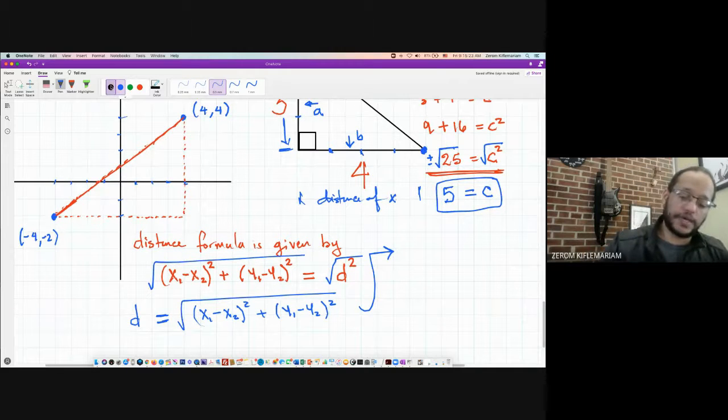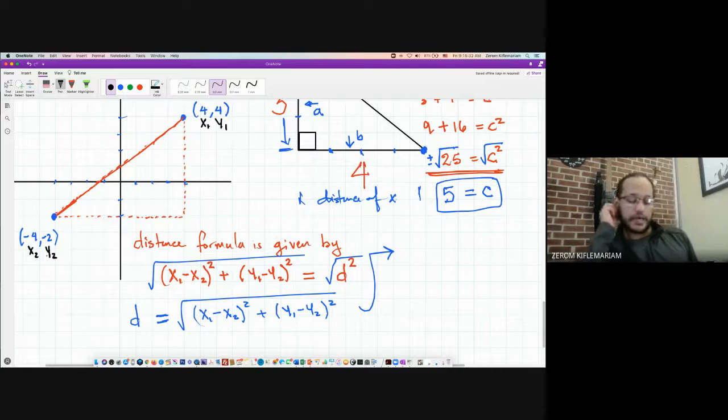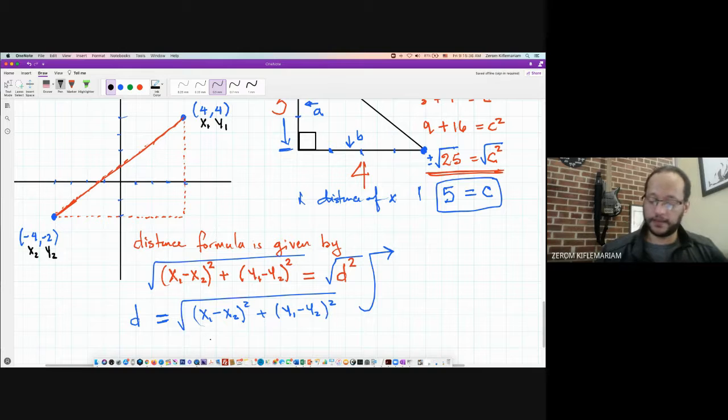So the good habit here would be to label your x1, y1, x2, y2. So what is my x1? x1 is 4, minus, the negative belongs to the formula, and my other number x2 is -4.